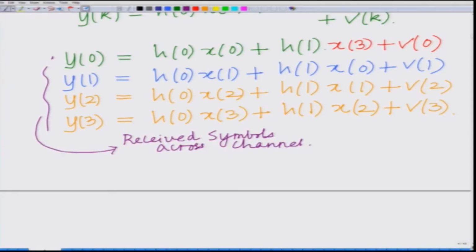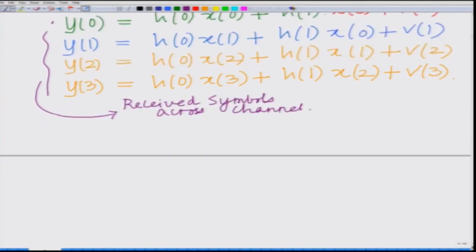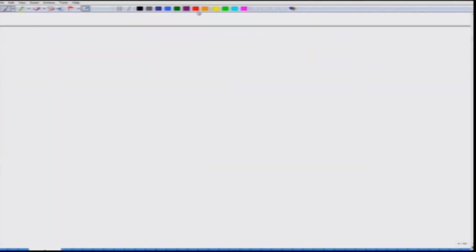Now, let us observe an important property of the received symbols small y0, small y1, small y2, small y3. Now, what I am going to do is I am going to illustrate with a figure, because it is best illustrated pictorially.